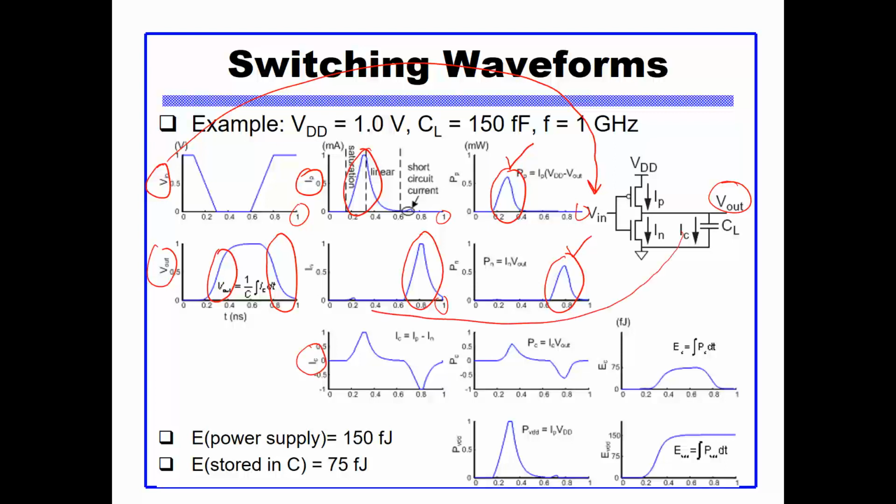This is here, the current in the capacitor. When we charge the capacitor, we have a positive current going to the capacitor to charge it, and then a negative current to discharge the capacitor. This is the amount of power that we are charging in the capacitor and the amount of power that discharges the capacitor.